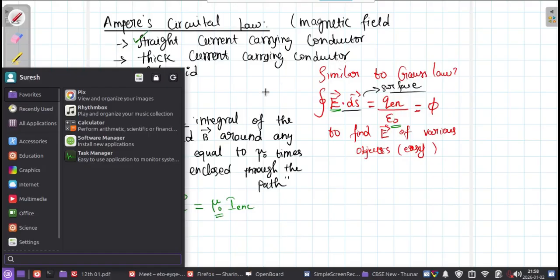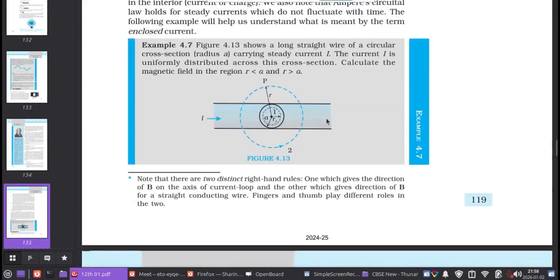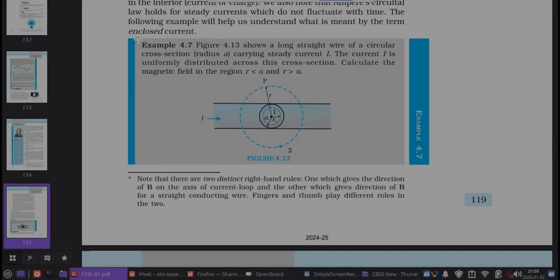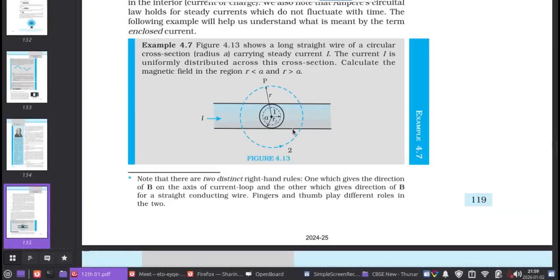This question is given in your NCERT example. See this one, a long straight wire, but the current distribution is something different.